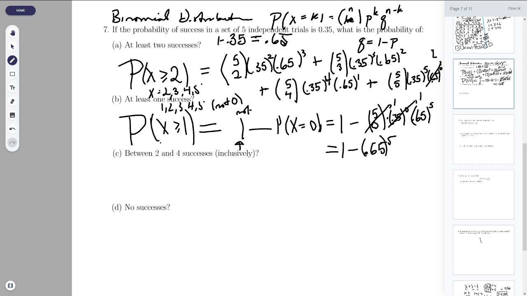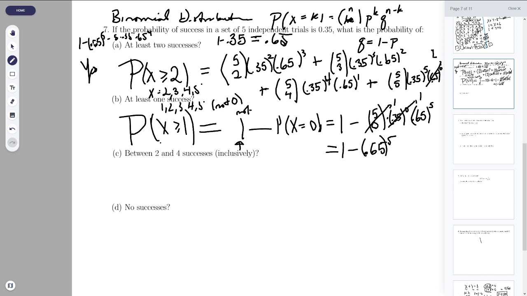Now you could say, well, we could do the same thing up here and compute this one the same way. And the answer is yes, you can. You can do 1 minus 0.65 to the 5th minus 5 choose 1, which is 5, times 0.35 times 0.65 to the 4th power.